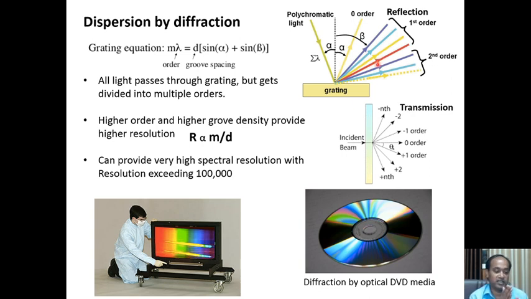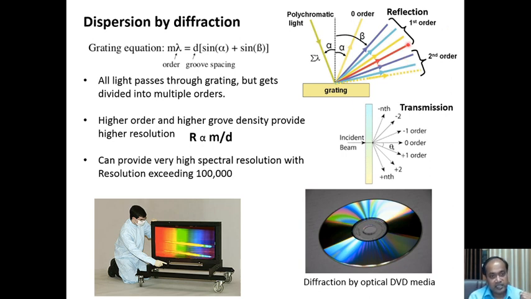So what you do in the grating is that you make some arrangement that there are grooves formed at certain frequencies. Groove density has to match with the wavelength of the light. So for example, if the wavelength in the optical is of the order of micron or submicron, the spacings are also of the order of submicrons, so that there is a diffraction phenomenon.